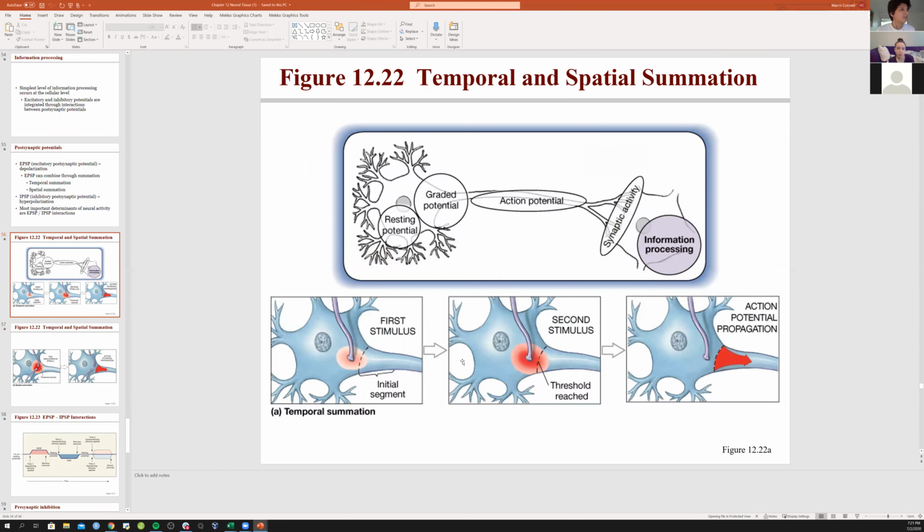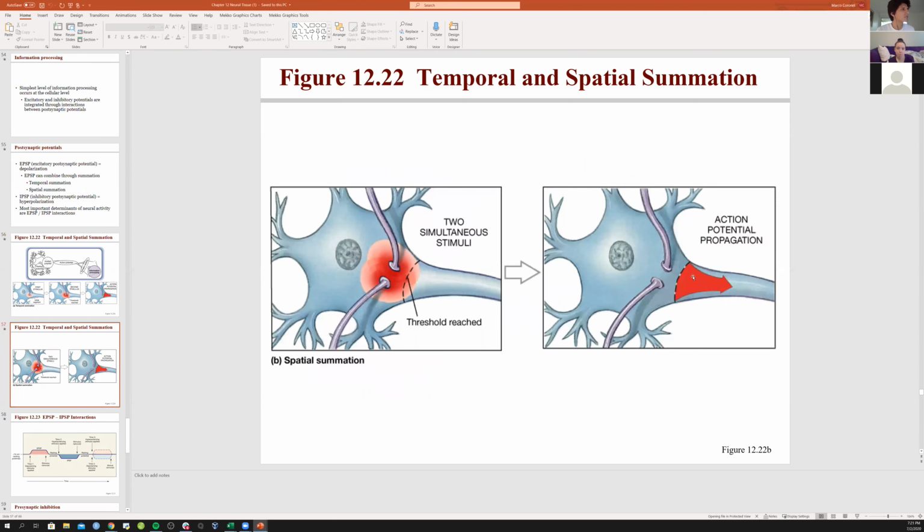All right, so here's the first stimulus, second stimulus, threshold reached, propagation, information processing. Let's just dive real quick into it. This is an example of temporal and spatial summation. Temporal is kind of like you add: if a neurotransmitter fires and it fires again, let's say the first time the postsynaptic neuron reached negative 65 millivolts. If you wait enough time, everything returns to normal, the action potential fires again, and once again the postsynaptic neuron reaches negative 65 millivolts.